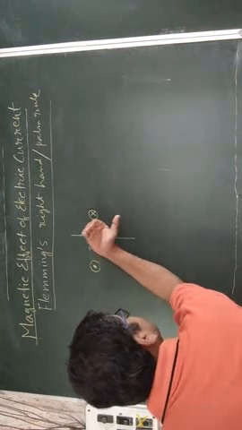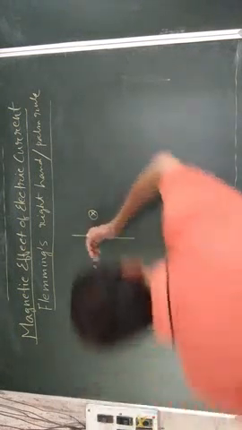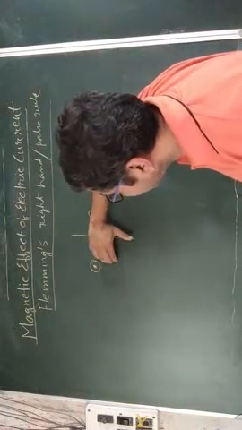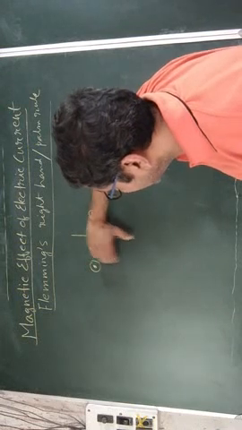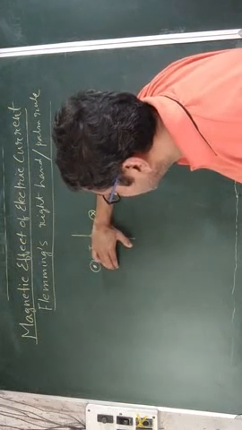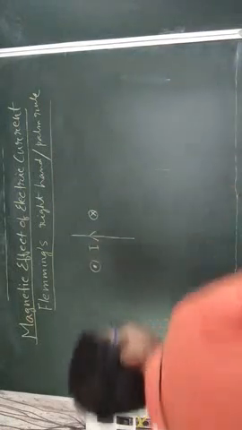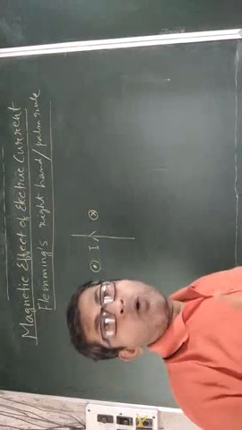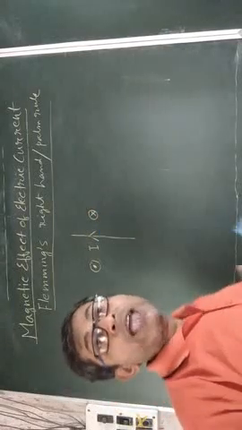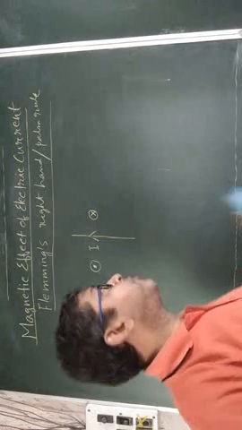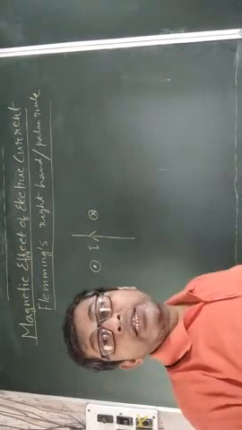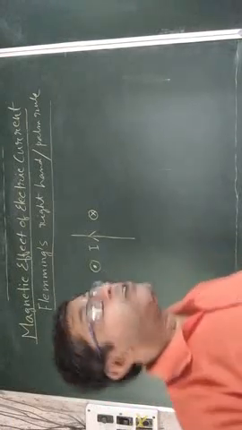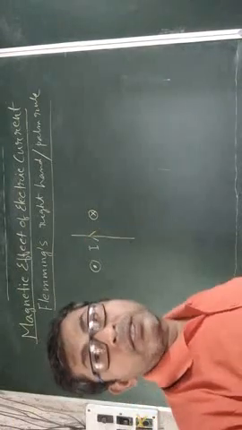And if we change the position of the point and also change the direction of the current, then also it will change. So that means the direction of the magnetic field depends on two things. One is the position where we have to determine the direction of the magnetic field, and also the direction of current. On these two factors, the direction of the magnetic field produced by a current carrying conductor depends.